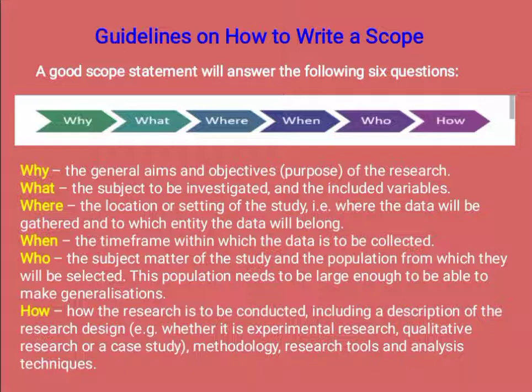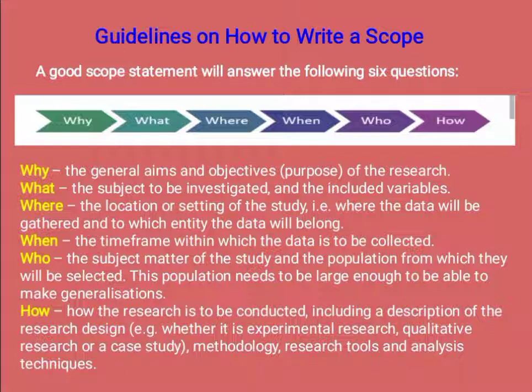The general aims and objectives or purpose of the research. Next, the what: the subject to be investigated and included variables. Next is the where: the location or setting of the study, like for example, where the data will be gathered and to which entity the data will belong.